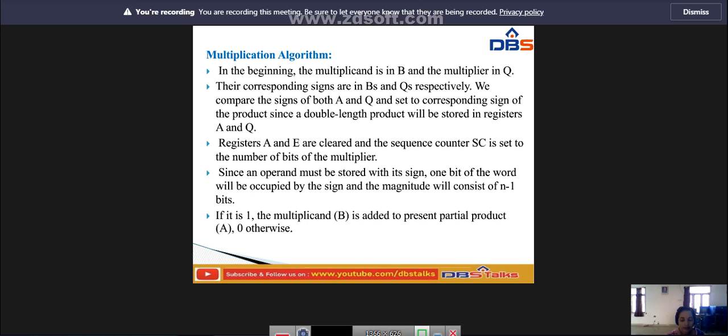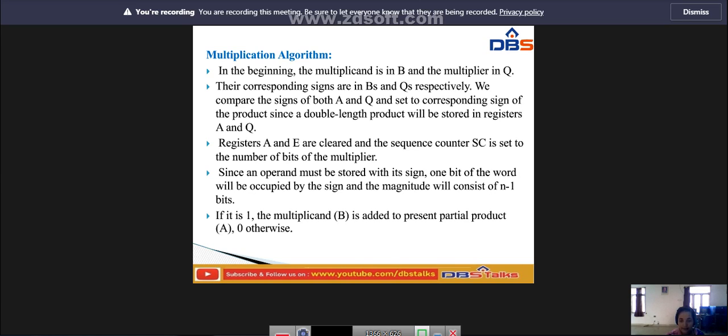We compare the signs of both A and Q and set the corresponding product sign, since the double length product will be stored in the register A and Q.